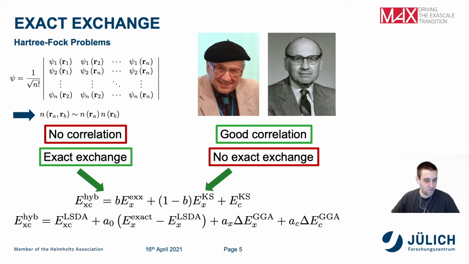Or if you have some more complicated functional, you can mix LDA and GGA ingredients. But in the end, it's just a mixing of two different exchanges to pick the best of both worlds. And while this mixing of two theories might look strange at first, it turns out it works quite well.